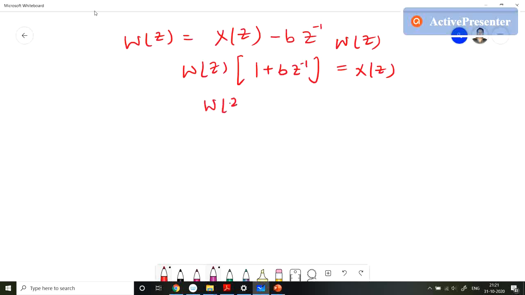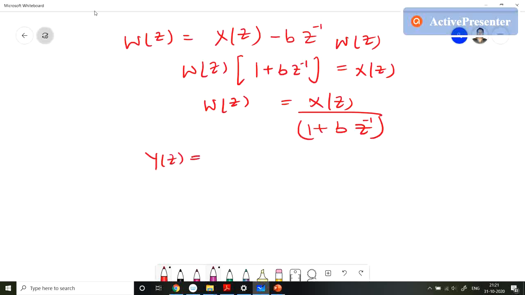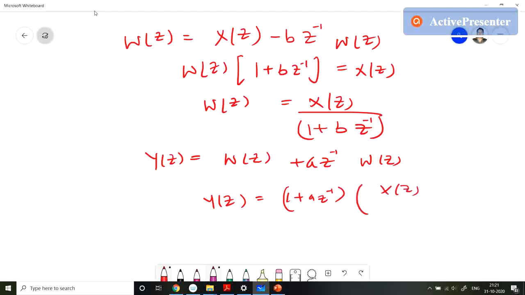So W(z) is equal to X(z) divided by 1 plus b z inverse. Now Y(z) is equal to W(z) plus a z inverse W(z), so Y(z) is equal to 1 plus a z inverse into X(z) divided by 1 plus b z inverse.